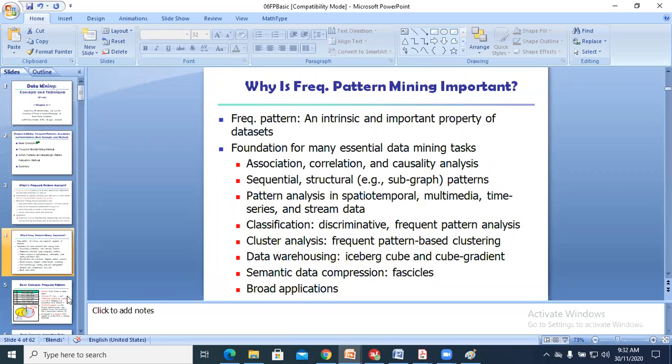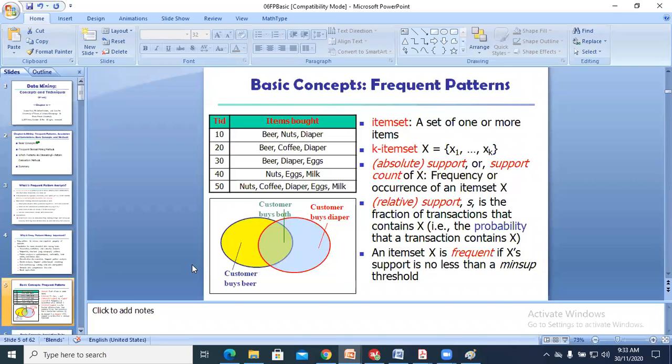So first, we review the concept of frequent pattern. What is a frequent pattern? For example, we have a record of 5 transactions, and in these transactions, there are several products purchased in each transaction, and we have different item sets in each transaction.